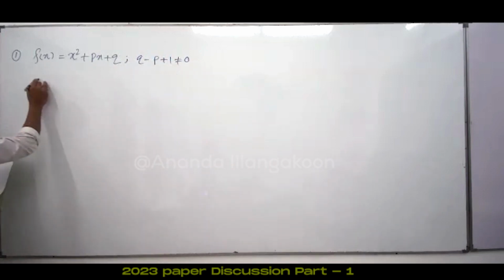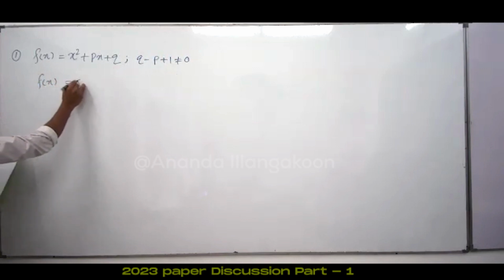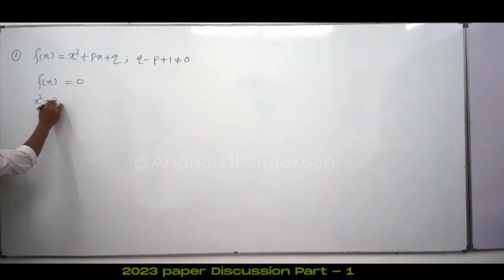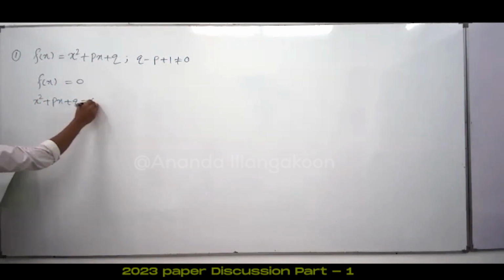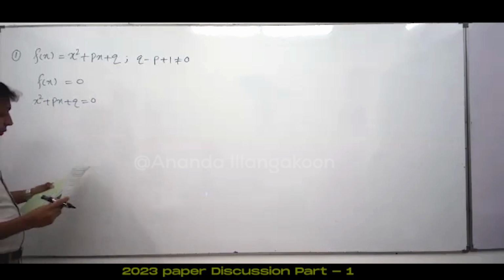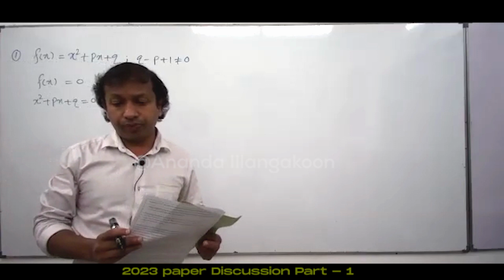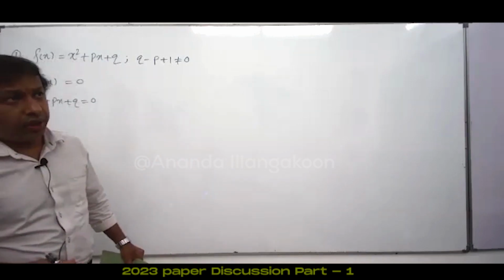Right, f(x) equals 0 means x squared plus px plus q equals 0. Now we have to show -1 is not a root of f(x) equals 0. Then we use proof by contradiction.